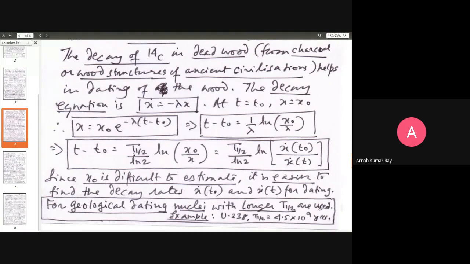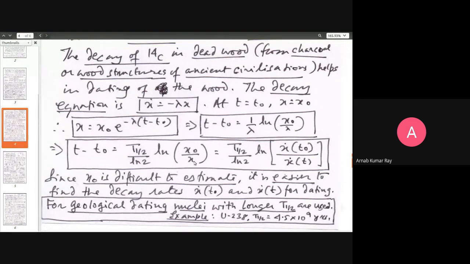Any time scale measurement that is to be done using radioactivity would involve this equation. But the problem is that one really doesn't know how much of the initial amount was present when it all started. So you just take a small sample out of a certain amount of dead charcoal or whatever. Since rate is proportional to the state, we use this equation.